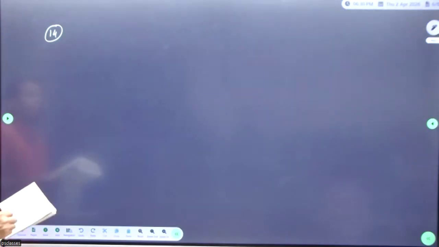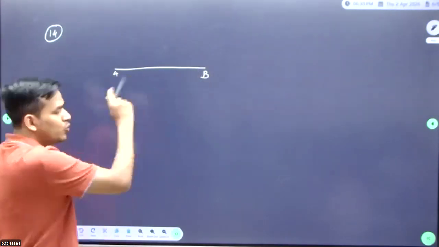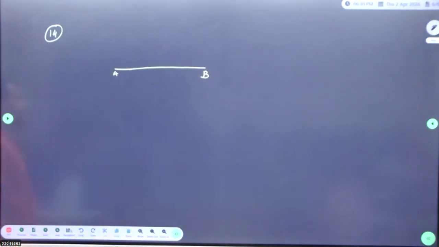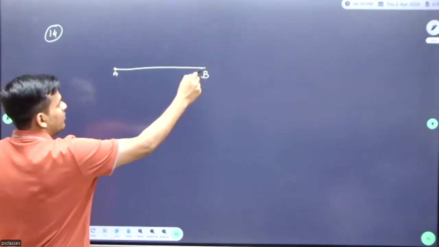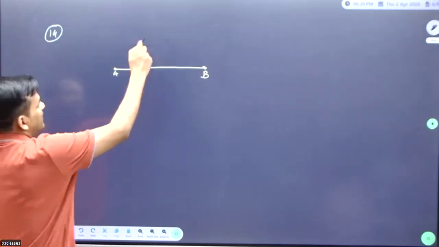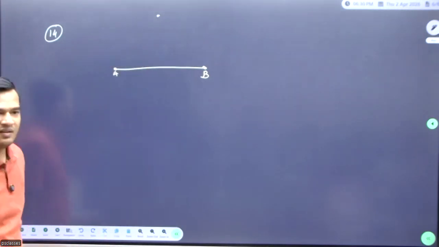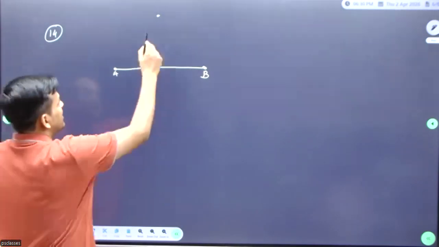Observe the angle of depression of two boats on the opposite side of the river. So suppose this is the river AB. At A there is one boat and at B there is one more boat. Both the boats are on opposite sides of the aeroplane. So the aeroplane will be somewhere on the top of the river. Let this point be C.